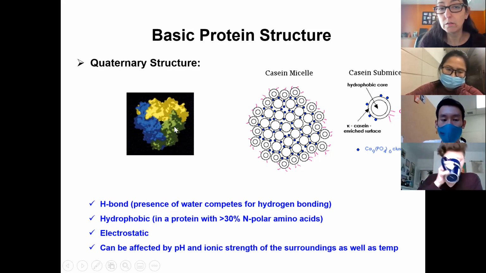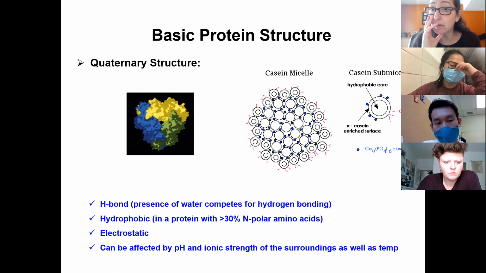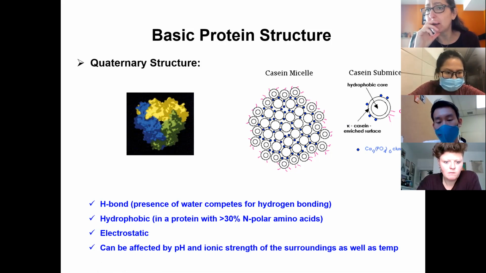Each of these colors represents a single protein, and they associate with each other via hydrophobic interactions. Because the individual proteins have high surface hydrophobicity, they have a high percentage of hydrophobic amino acids. So they want to hide from water, so they associate with each other and form trimers and stay stable that way.